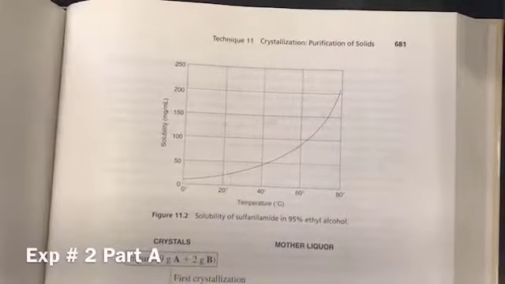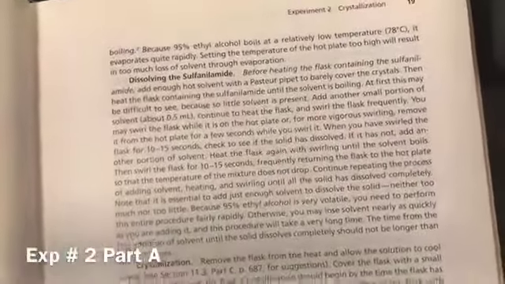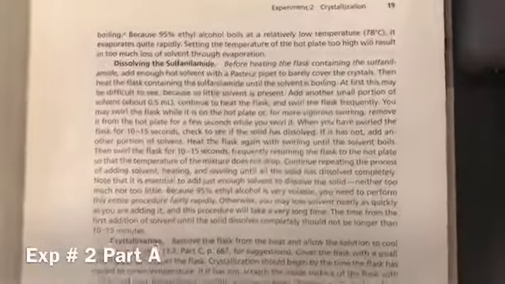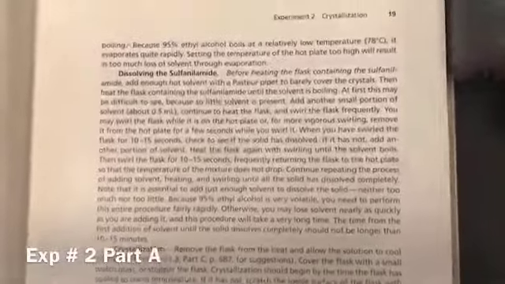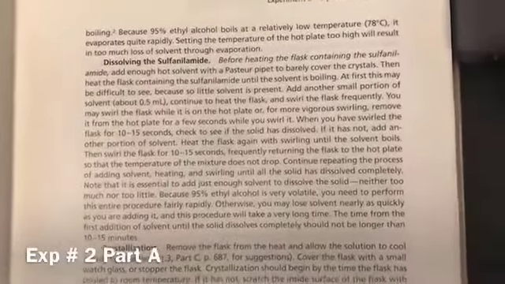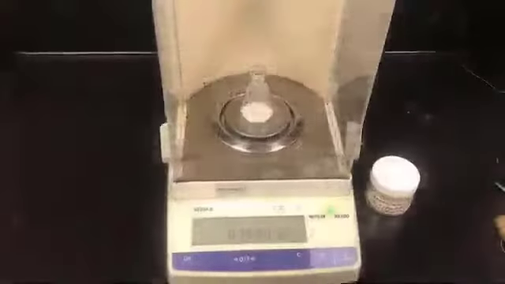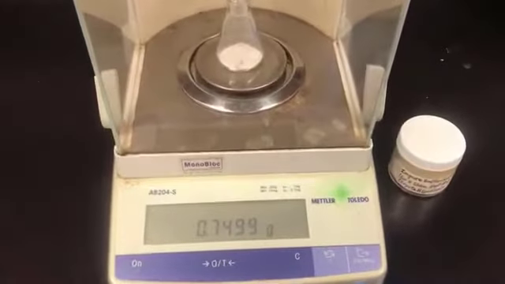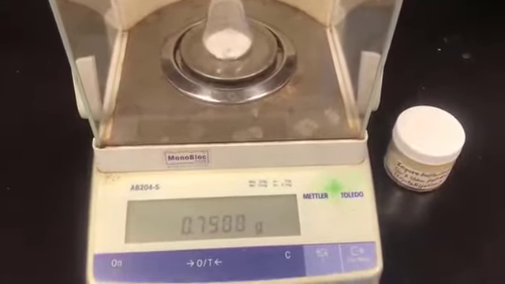When I calculated, I ended up with about 4 milliliters. So I have an idea that it needs a minimum of 4 milliliters of boiling ethanol in order to dissolve the sulfanilamide completely. This is the mass of sulfanilamide.